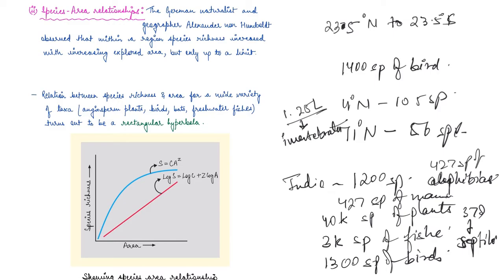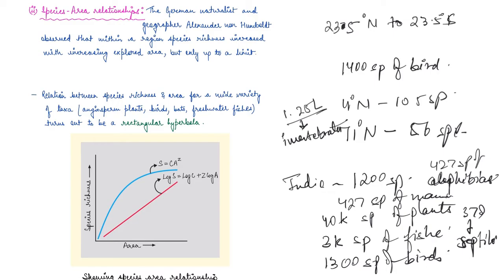In fact, the relation between species richness and area for a wide variety of taxa, say angiospermic plants, birds, or fishes, all of these turn out to be a rectangular hyperbola. If we study this rectangular hyperbola, you will see that on a log scale, the relationship is a straight line, right?